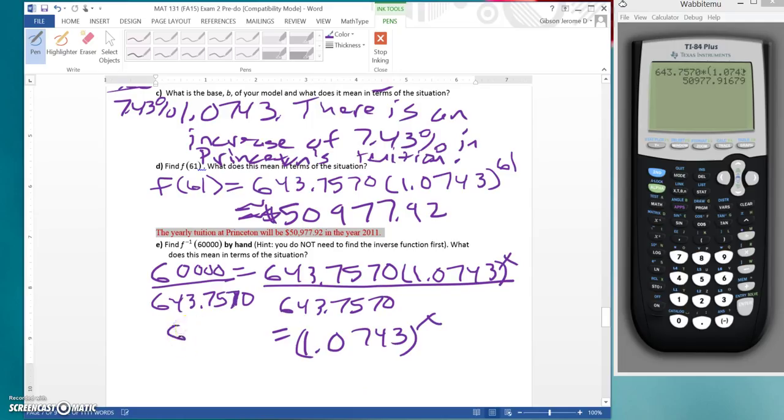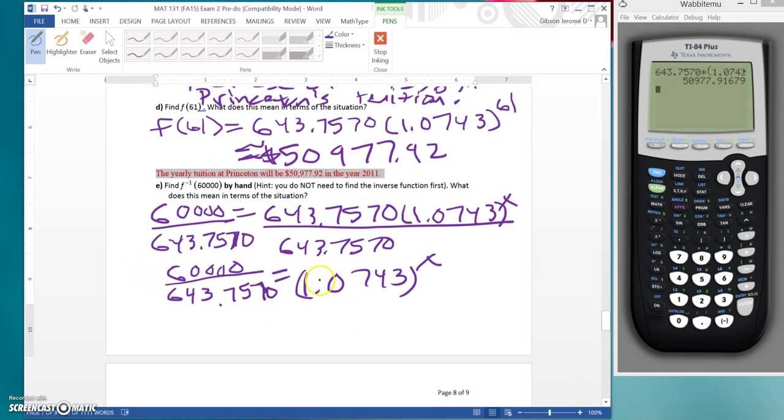And on the right side, we will have 60,000 still over 643.7570. Now, we do not want to divide this because we don't want to round yet. We only round at the end of the problem.